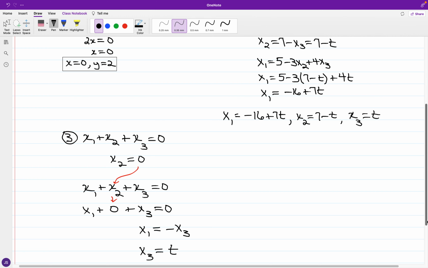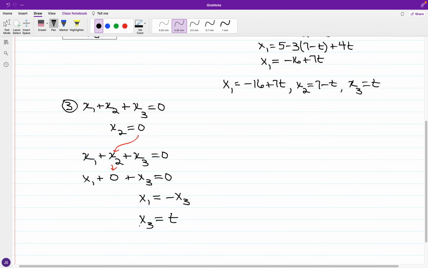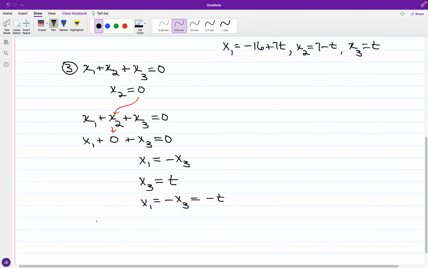So if x of 3 is equal to t, then x of 1 is equal to the negative of x of 3, and since x of 3 is t, x of 1 is equal to negative t. And so consolidating, we have that x of 1 is equal to negative t, given x of 2 is equal to 0, and x of 3 is equal to t.